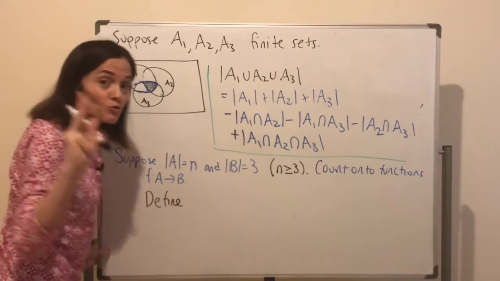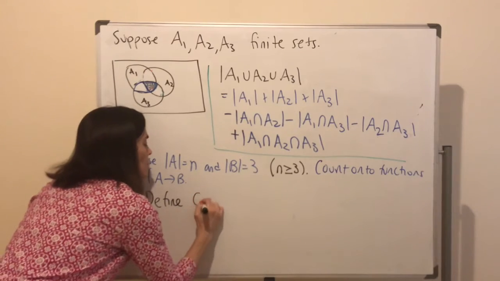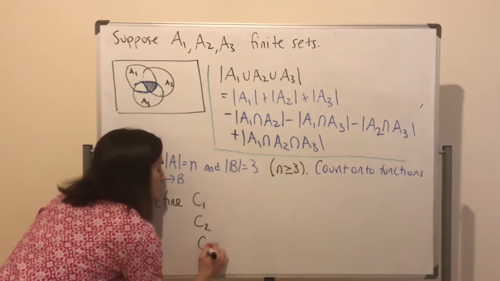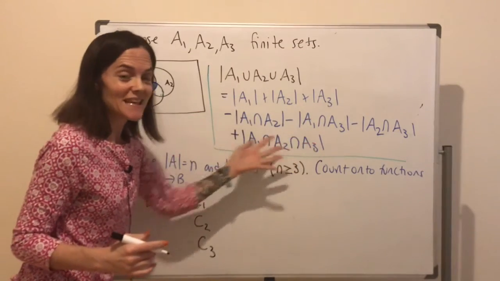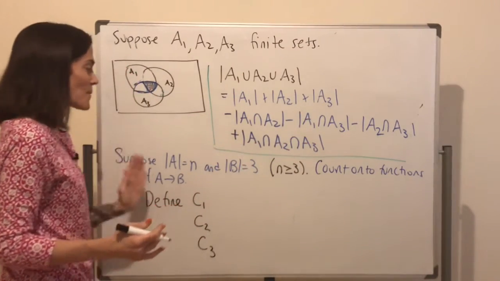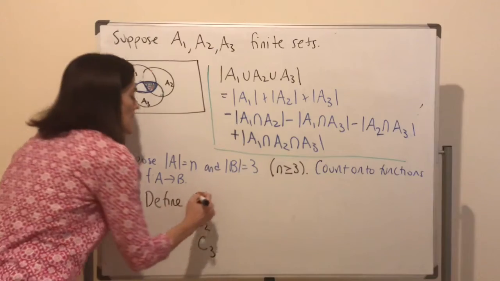I'm going to define 3 sets, C1, C2, and C3. And you see we have this stated for 3 sets, so I will be using this formula with C1, C2, C3.